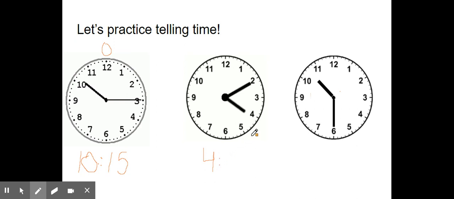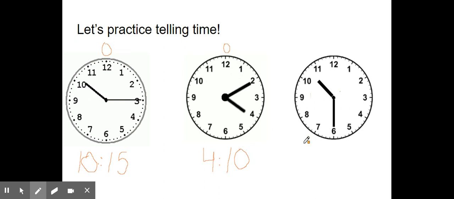And then we're going to count by fives. You can also start counting at 0 and count every minute, but it takes longer. We can practice that once though. 0, 1, 2, 3, 4, 5, 6, 7, 8, 9, 10. This clock shows 4:10. 4 hours, 10 minutes.